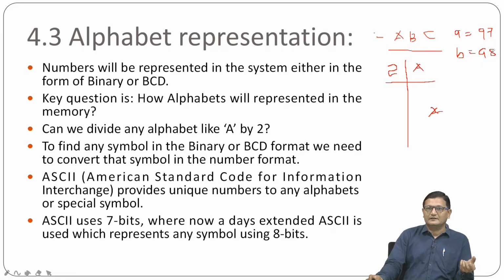Similarly, if you are storing c, it will store 99, right? If you are storing capital A, then the computer will store the binary of 65, right? If someone wants to store capital B, then the computer will store the binary of 66 into the memory, okay?